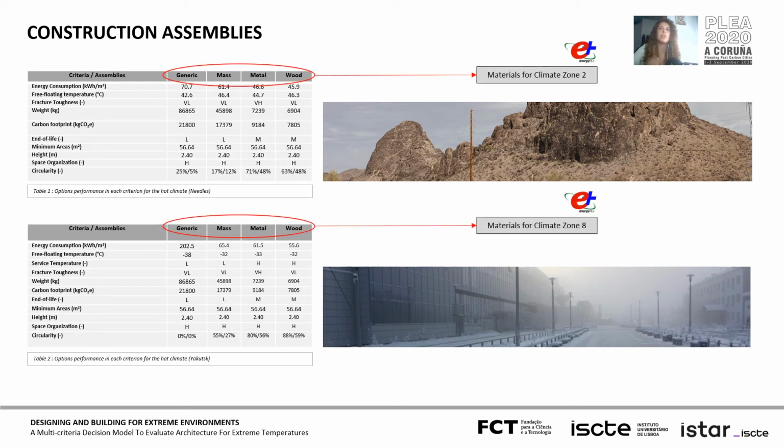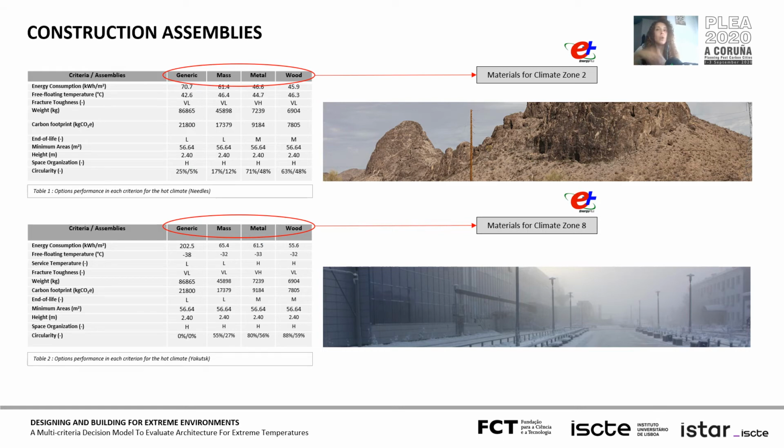So basically the materials for climate zone 2, which is Needles, were used, and the materials for climate zone 8, which is Yakutsk, were used. This means that the materials from climate zone 2 have much less insulation, for example, than the ones from climate zone 8, so they're adapted to their climates.